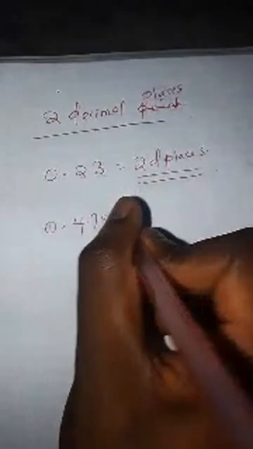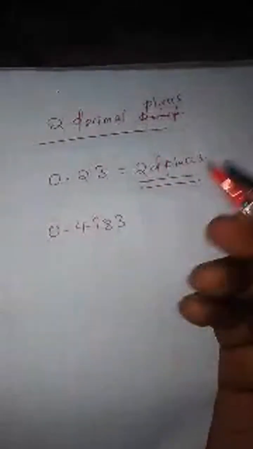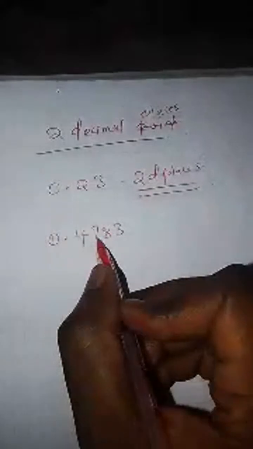So this number has 2 decimal places. Have a number like 0.4783. If you're asked to leave your number in 4 decimal places, then 1, 2, 3, 4. So this one is 4 decimal places. So we don't count this 0. We assume it doesn't exist. So we start counting from this.